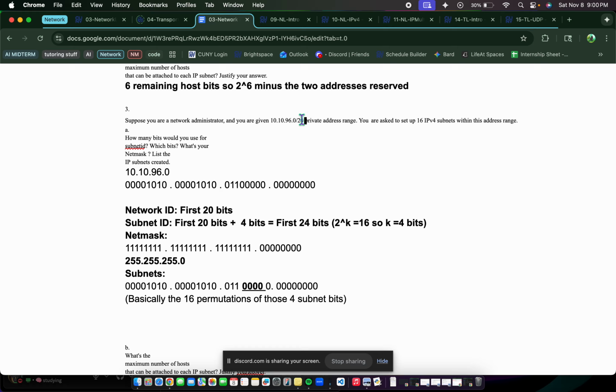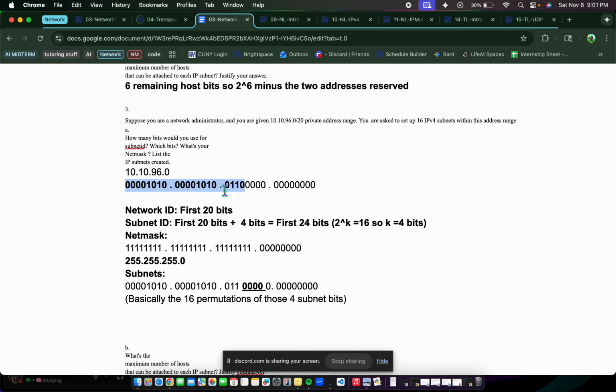Anyway, this time it's going to be /20. That means the first 20 bits are going to be our network ID. Over here, we have 10, 10, 96, 0. Convert this to binary. The first 20 bits, so 8, 16, 17, 18, 19, 20, is our network ID up to this point.